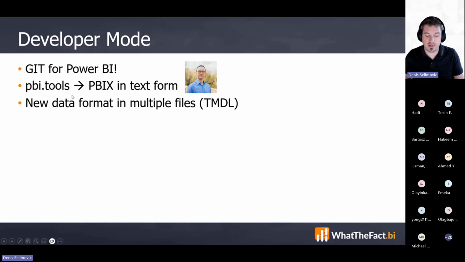Out of his work, Microsoft, together with Matthias, created a new data format called TMDL. We will get into this in a few minutes. It's the Tabular Model Definition Language. So this is more or less what PBI Tools did: it represents the whole Power BI file, the whole data model, in a text form.